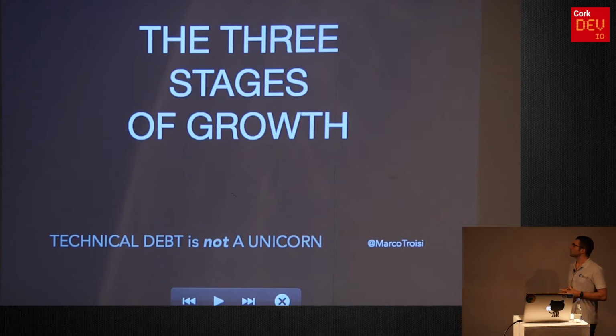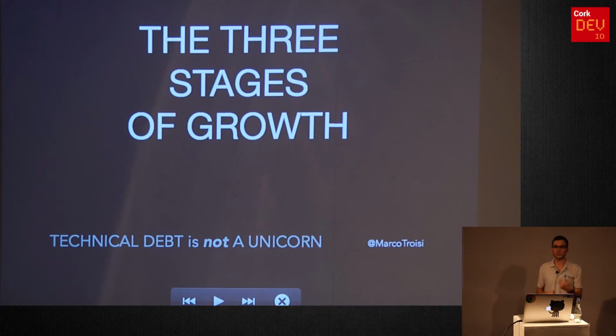Now, what I would like to do is take you on a little journey. This would be the journey of a company, a business. And I would like to go through what I call the 3 stages of growth. We'll go through these stages in which I believe every company finds itself, and we'll see what practical, actionable choices can be made at every stage.